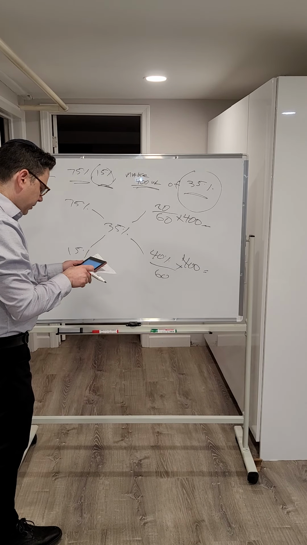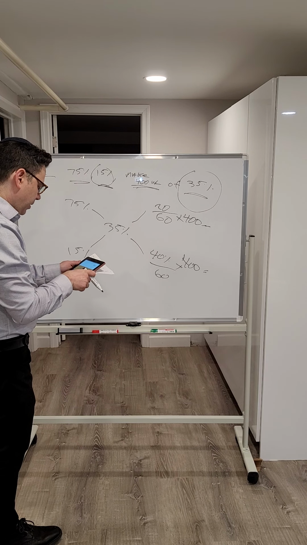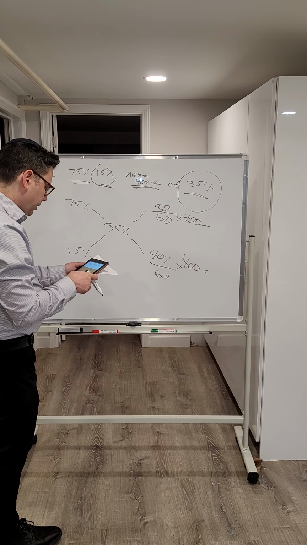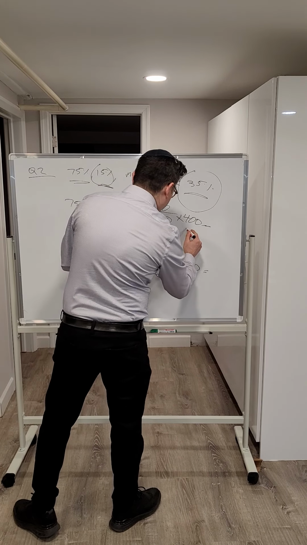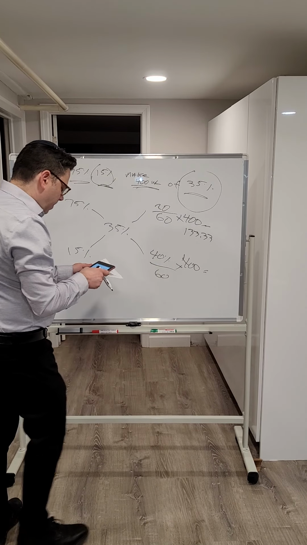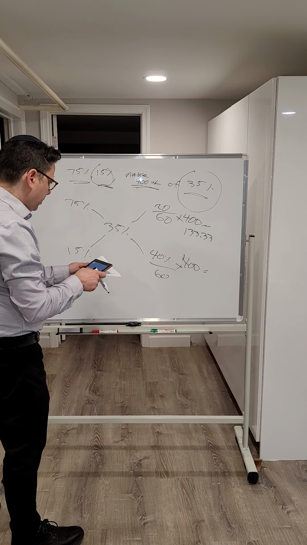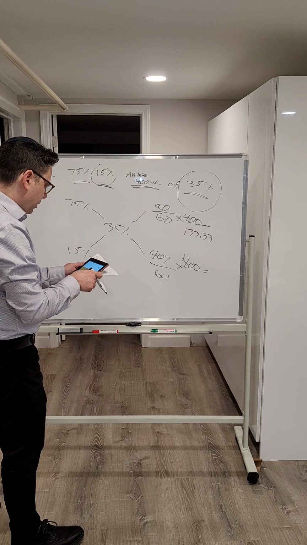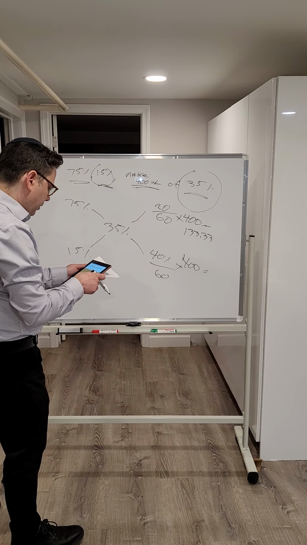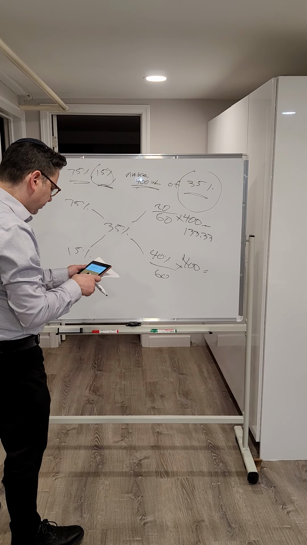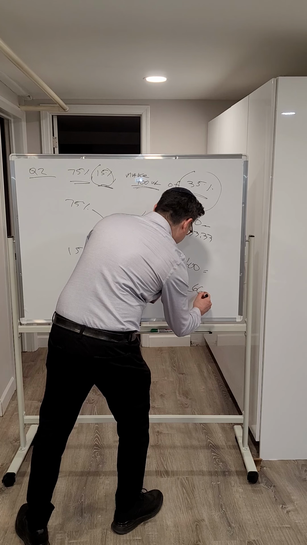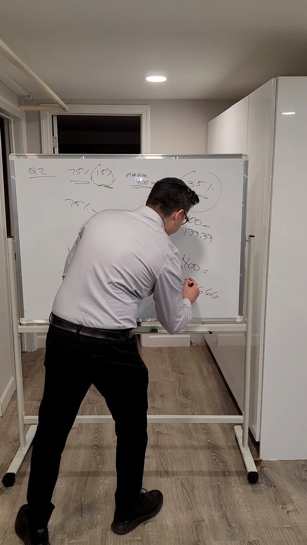So 20 divided by 60 times 400 is equal to 133.33. And then we're going to do 40 divided by 60 times 400, which is equal to 266.66.